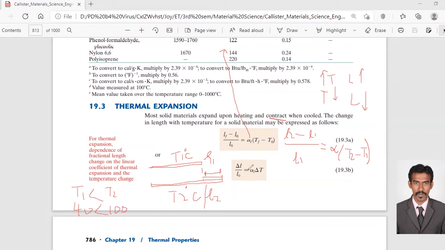This is equal to alpha, the thermal expansion coefficient, into (TF minus TO).